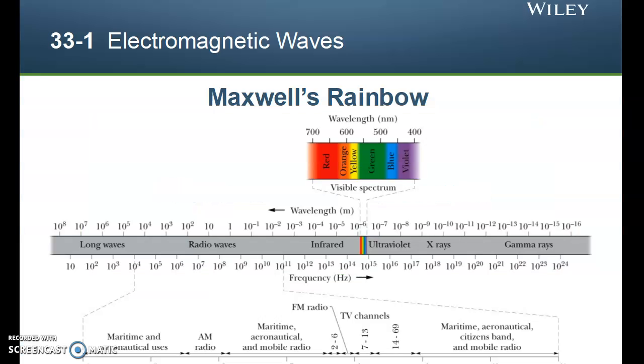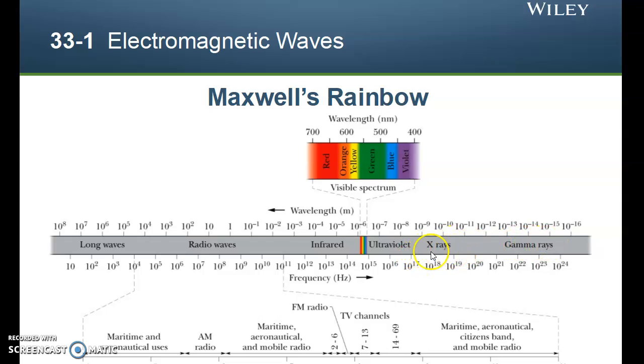Now, electromagnetic waves. As far back as Maxwell's time in the mid-1800s, we knew not only about the visible spectrum, but also about the infrared and ultraviolet forms of light that made up part of the electromagnetic waves. Since that time, we've expanded way beyond that to radio waves, X-rays, and gamma rays.